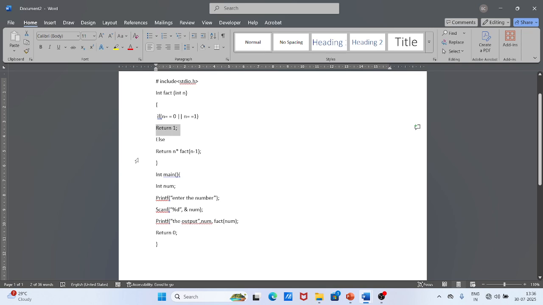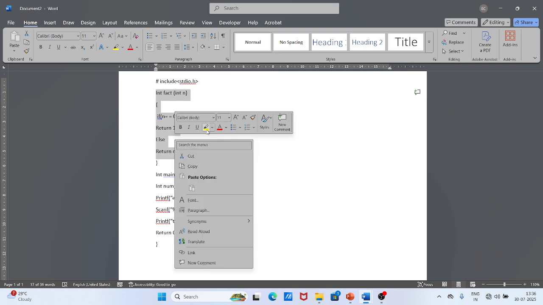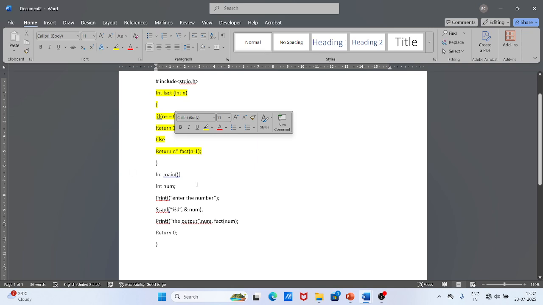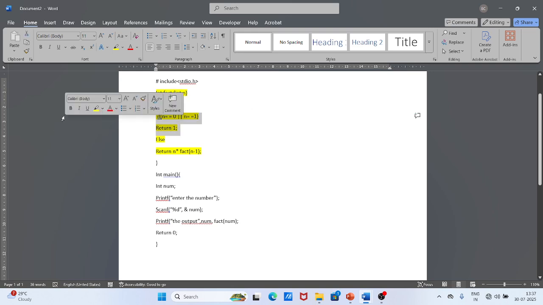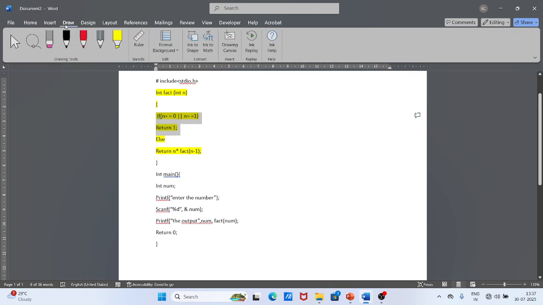Okay, we check it. Now when you call the factorial of n, when you call this fact function, then we go to here, yes or not? Okay, so if you check here, this is a recursion. So, one minute.